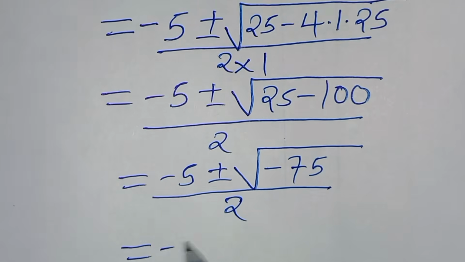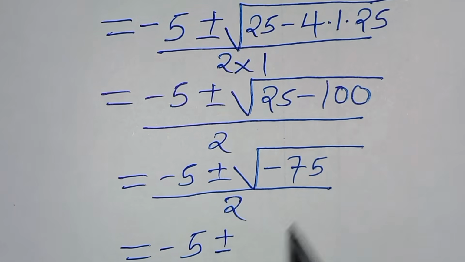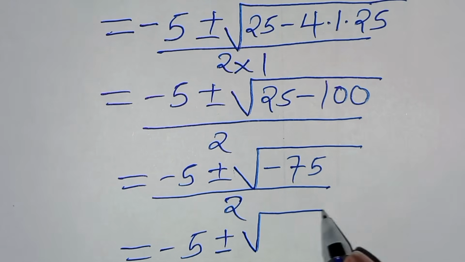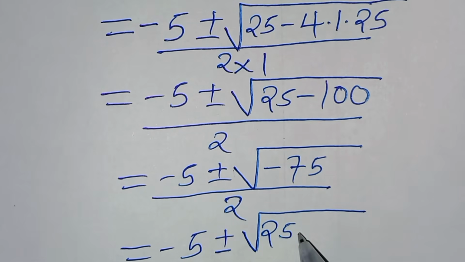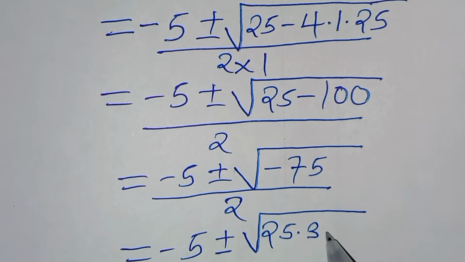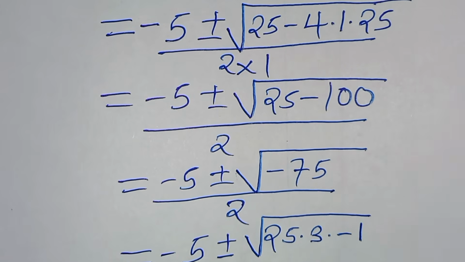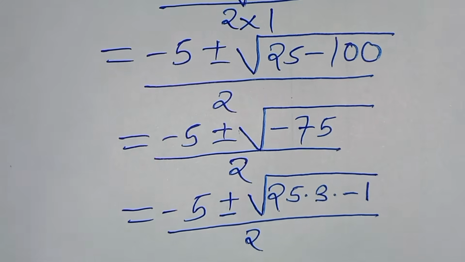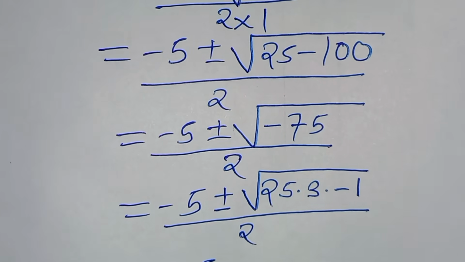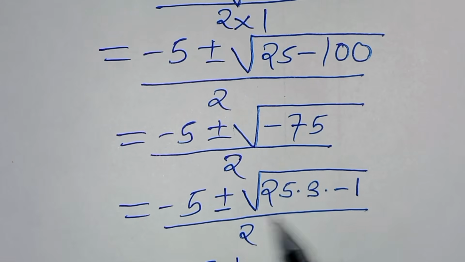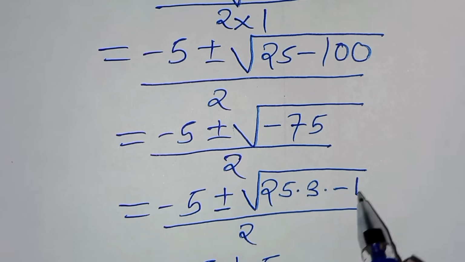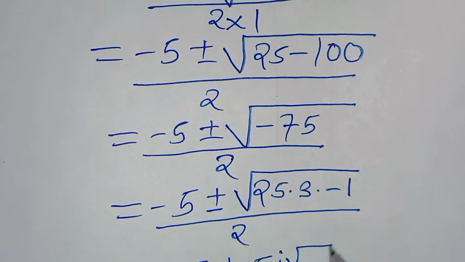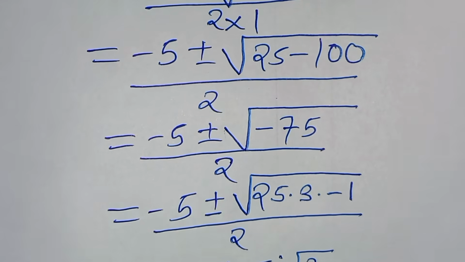We can express the square root of minus 75 as the square root of 25 multiplied by 3 multiplied by minus 1, all divided by 2. So we have minus 5 plus or minus the square root of 25, which is 5, the square root of minus 1, which is i, then square root of 3, divided by 2.